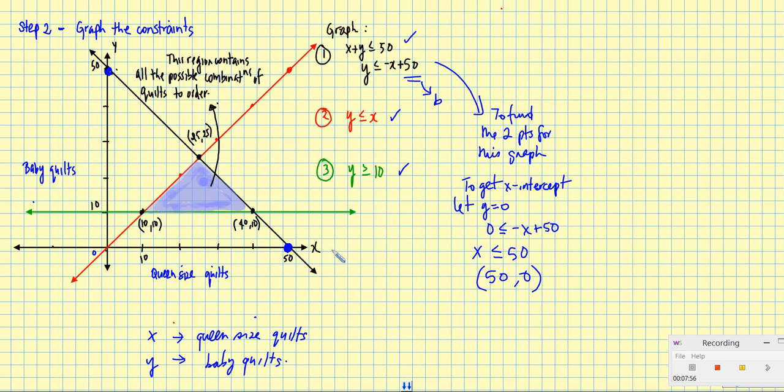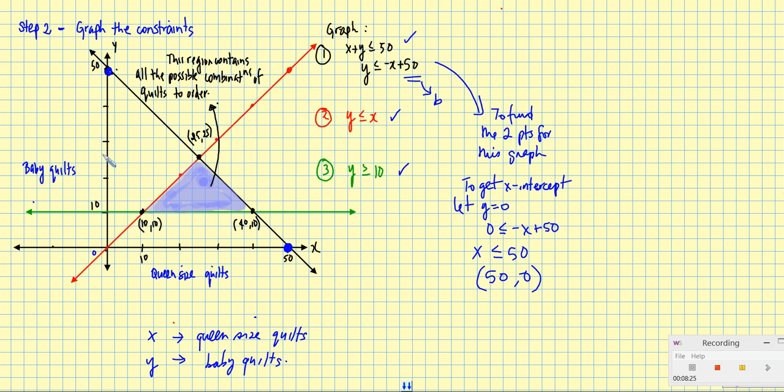Because it has to be less than, I'm going to be graphing the underneath part, which is all this area down here that I'm coloring in right now. I'm going to remove it just to make it more visible, but the underneath of that line is your less than.